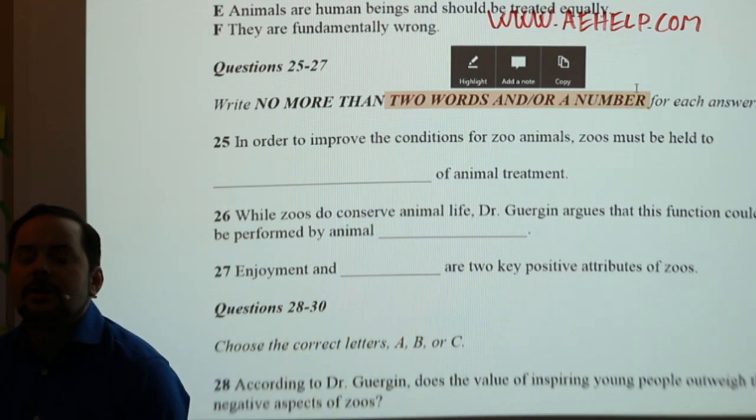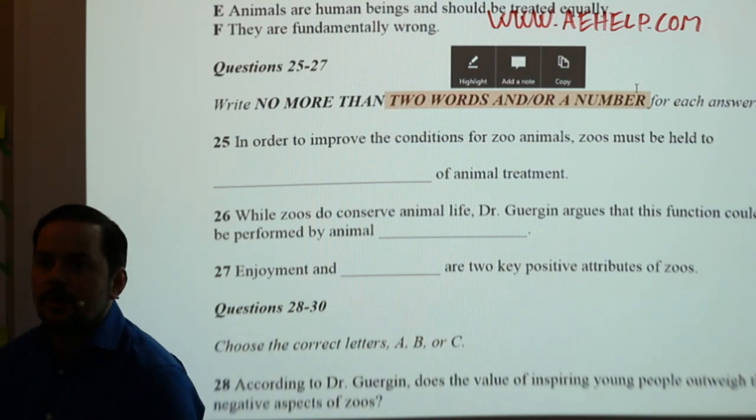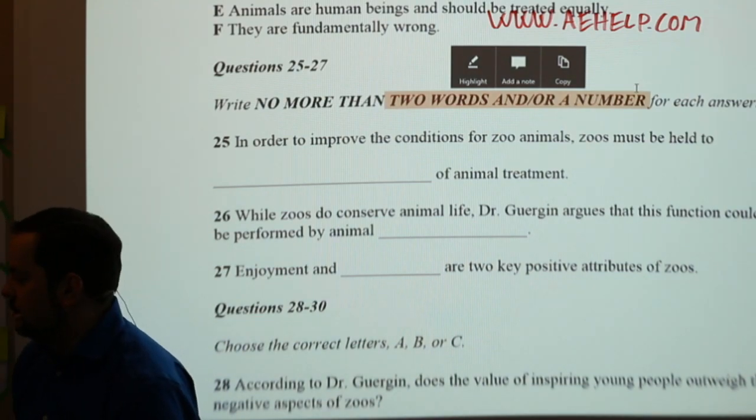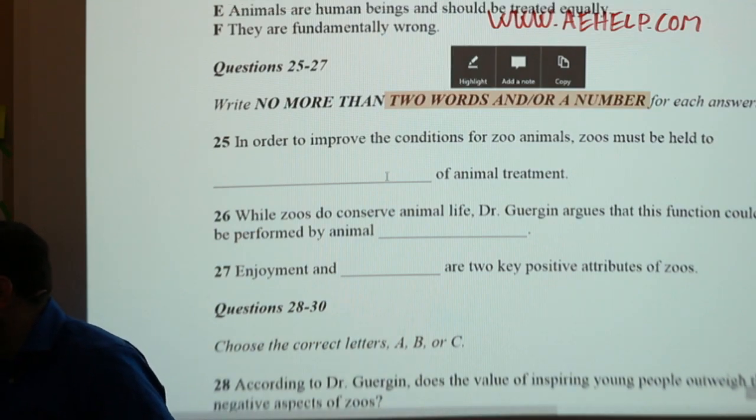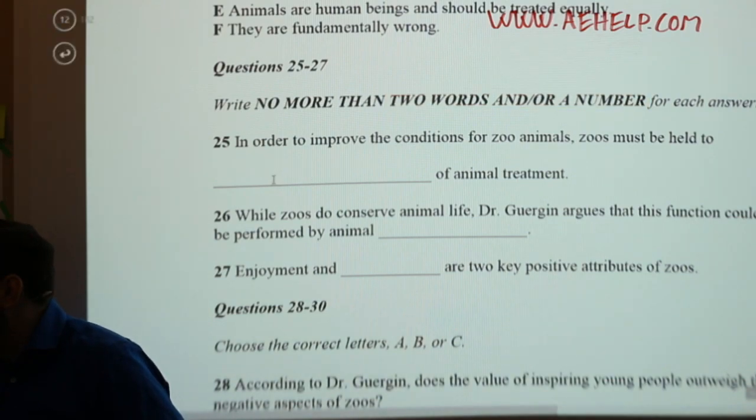The, an, articles are counted as words, okay? So don't write 3 words. Make sure you do not write 3 words in the answer key. Maximum 2 words or a number, okay? Number 25. In order to improve the conditions for zoo animals, zoos must be held blank of animal treatment.